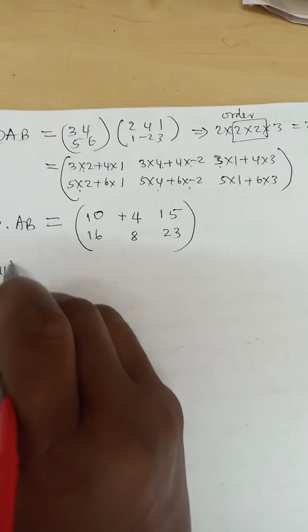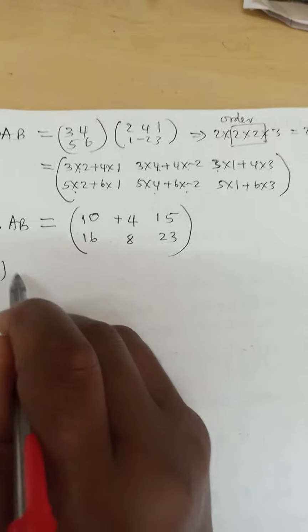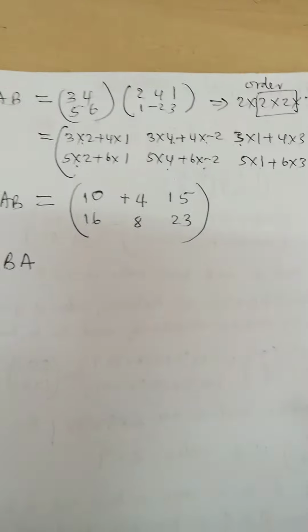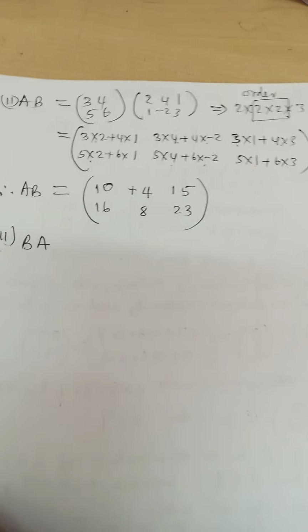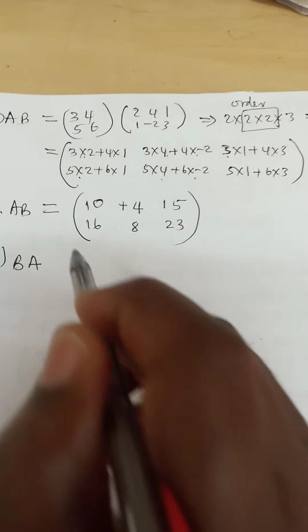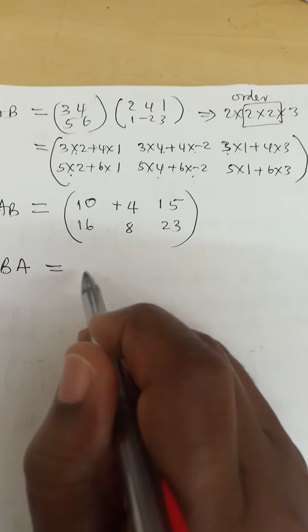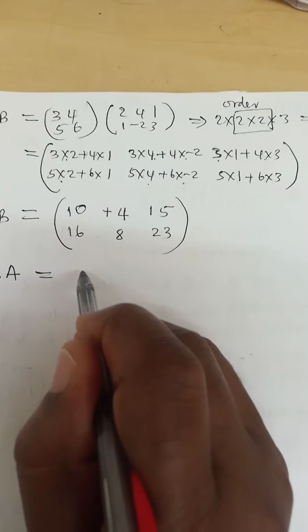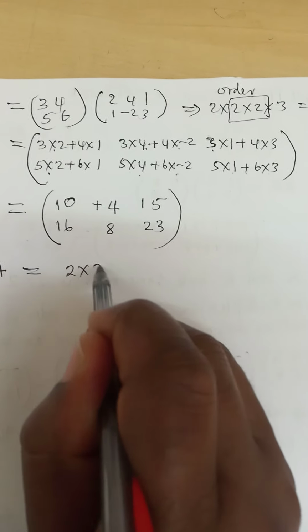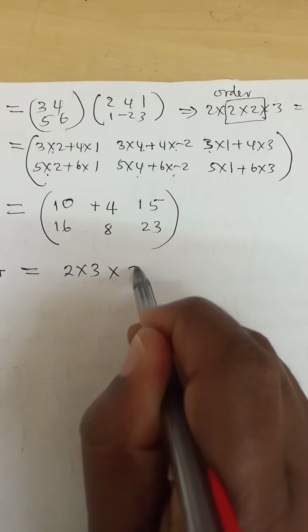We could be asked also to go ahead and find BA. This is very important. Find BA. To find BA, we shall test the orders. B has an order of a 2 by 3 and A has an order of a 2 by 2.